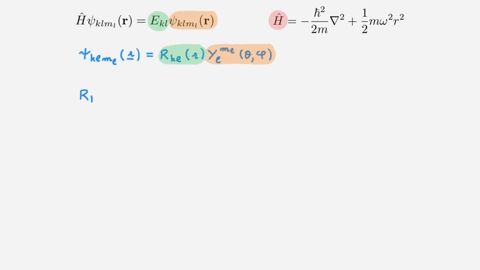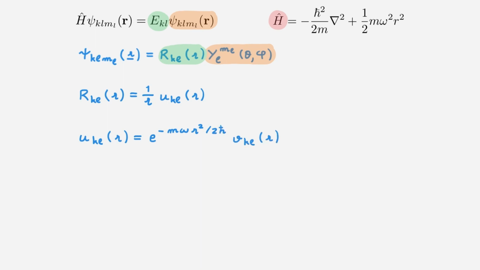First, we've rewritten the radial function in terms of a new function u like this. Then, by considering the limit of large r, we've defined yet another function v, which is related to the u function via this expression. Next, we've written the function v in a power series like this, in terms of expansion coefficients c.